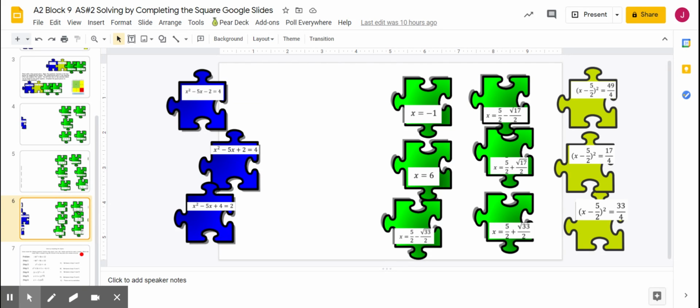So I'm going to simplify the square root of 125 and I'm going to simplify the square root of 4. Well, 125 is 5 times 25, and 25 is 5 times 5. So what do I have a pair of that can come out? I can take out a 5 and I'm left with a 5. And the square root of 4 is 2 times 2, so I could take out a 2.